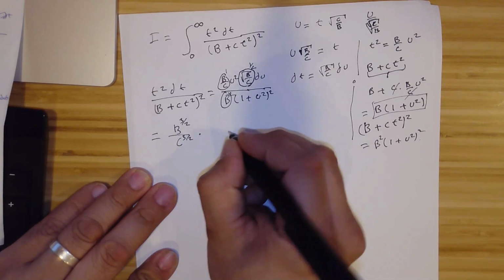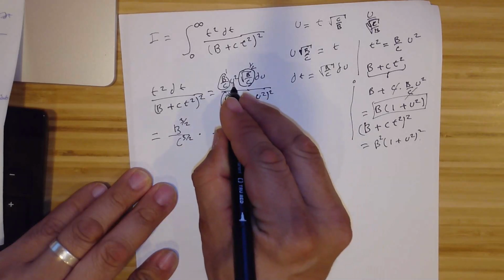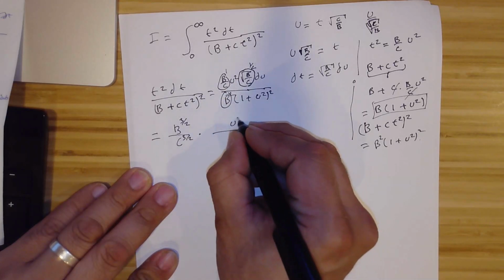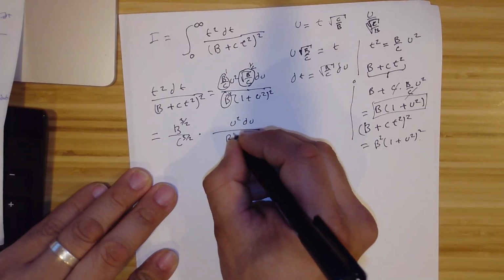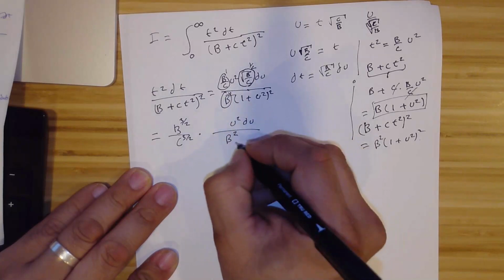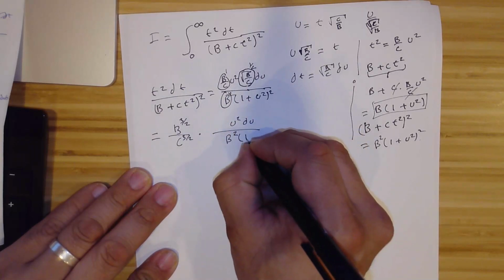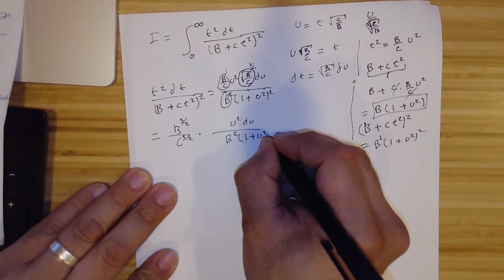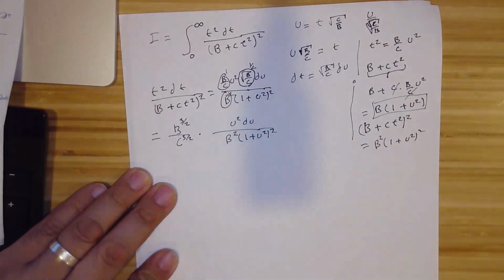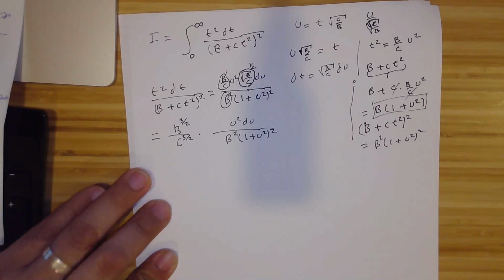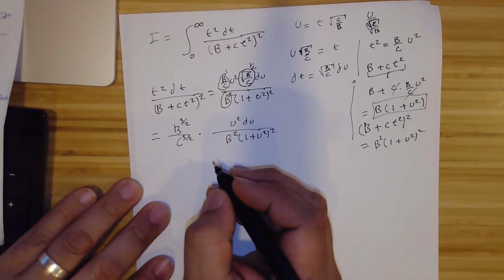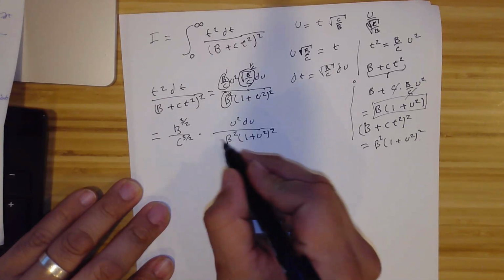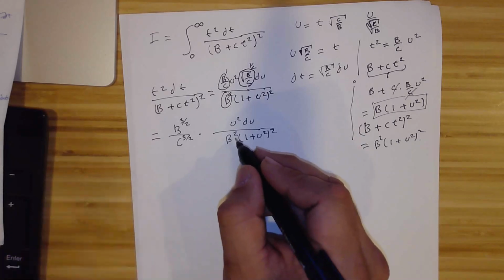Okay, over we have this one and this one, u square times the du, and the b square we keep this for now, 1 plus u squared squared, right? Now, I think we can factorize this one and this one.